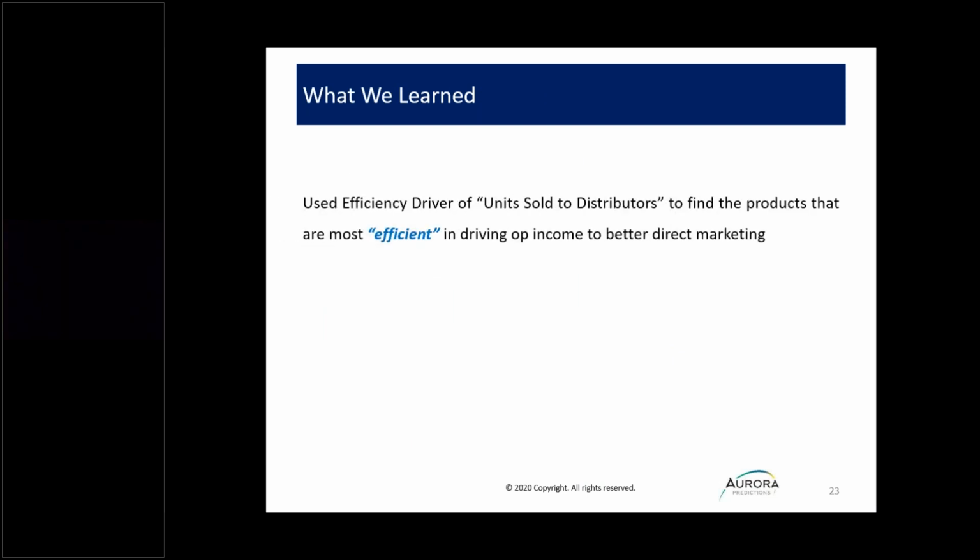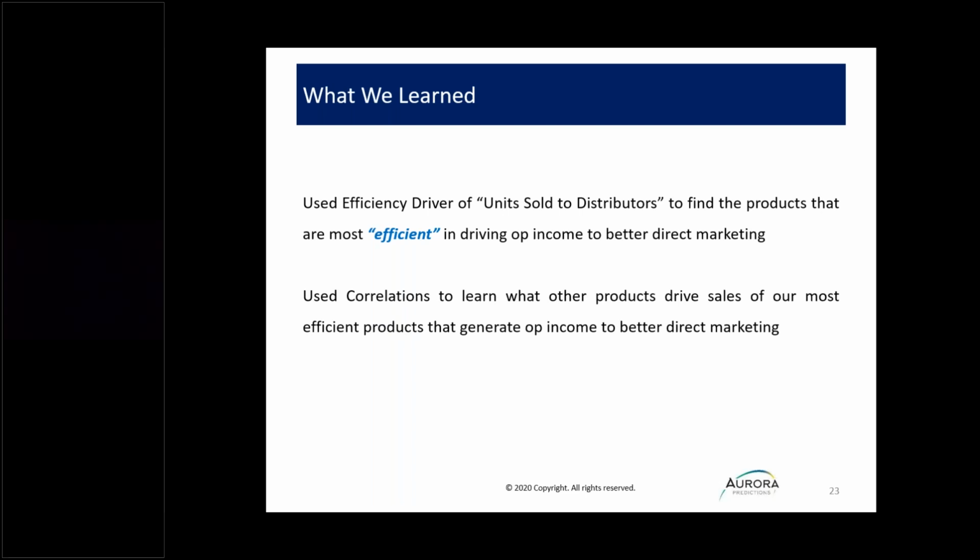And what we've learned is as follows. By using efficiency drivers, we've been able to find through the units sold to distributors those products that are most efficient in driving operating income to better direct marketing. And we've also used correlations to learn what products drive sales of our most efficient products at generating operating incomes.